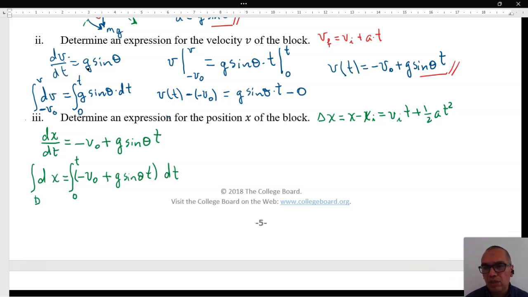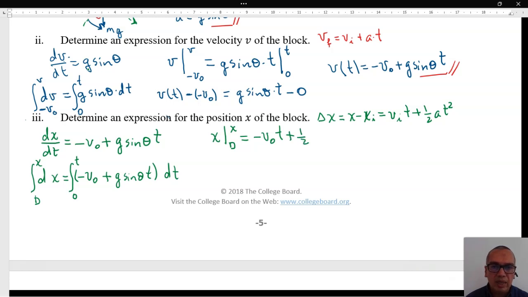And the position at some later time is some later position x. When you integrate on the left-hand side, you get the variable from d to x. And on the right-hand side, once again, a constant integrates to a linear function, minus v naught times t, and the integral of t is t squared over 2.